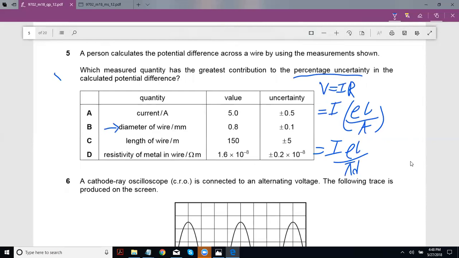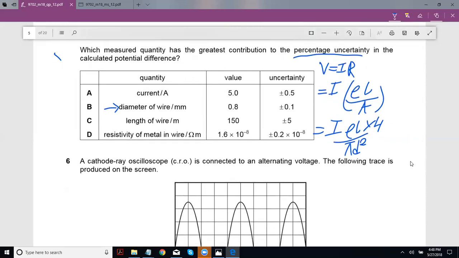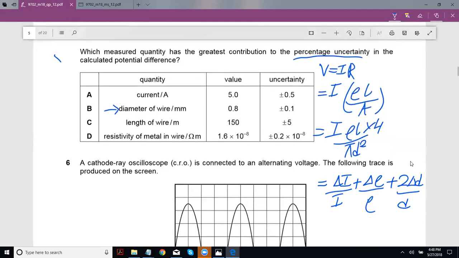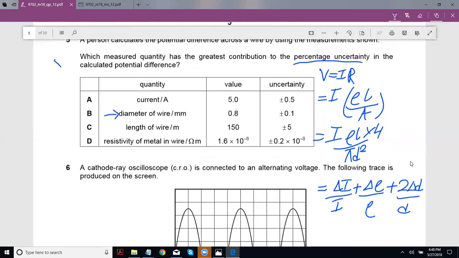So if you wanted to calculate the percentage uncertainty here, you'd be taking the absolute uncertainty of I upon I, plus the same thing for rho upon rho, and the same thing for L. The only interesting thing here is the fractional uncertainty of D would be twice as much because of the square function. And then you just add all of them, and multiply by 100.